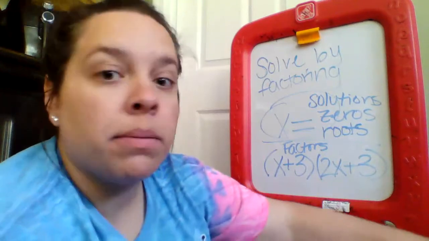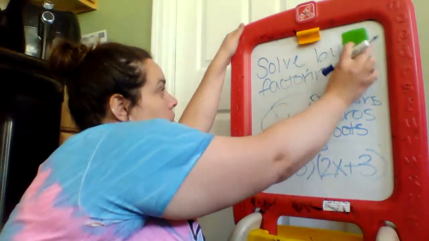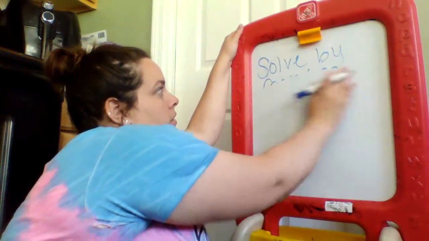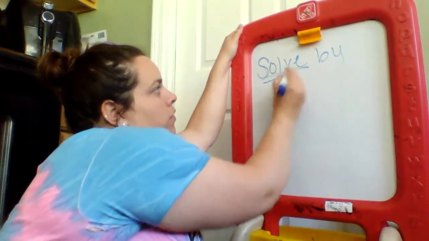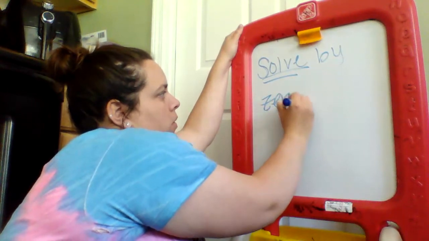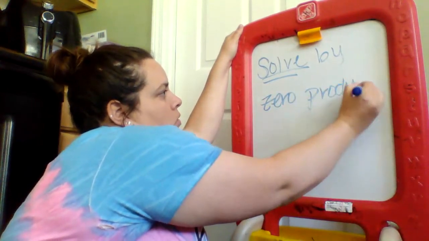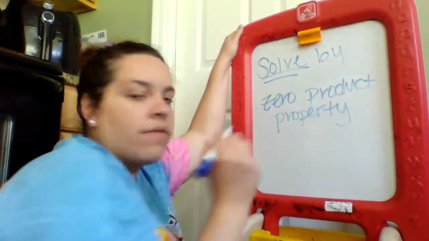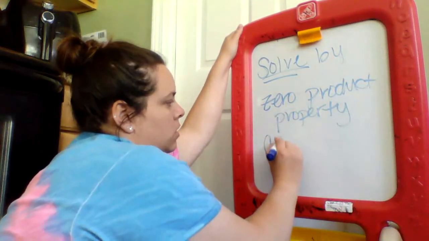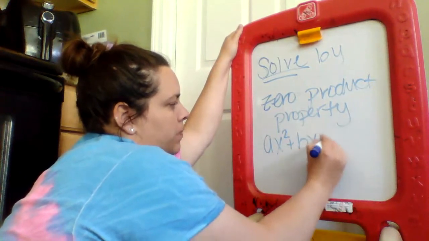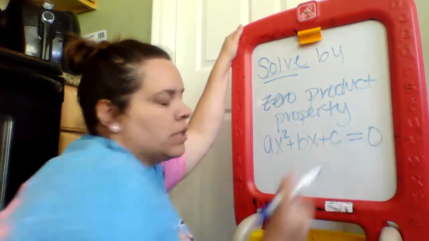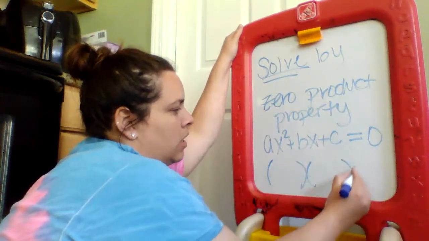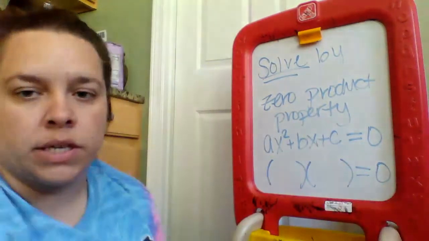Now, in order to be able to solve them for x, you have to use something called the zero product property. I guess I erased that part. It basically says that if you have a quadratic, so ax squared plus bx plus c, and it's equal to 0, then the factors that you get are also equal to 0.